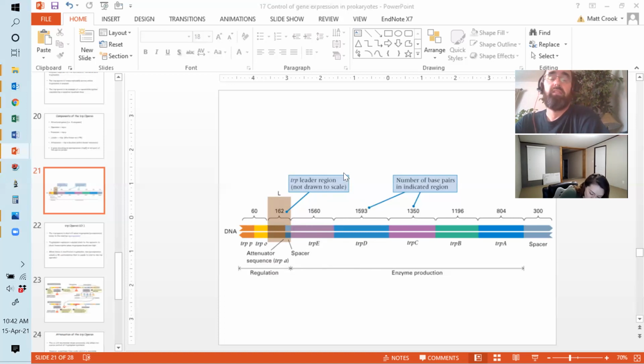If there is, that means the trp operon is doing its job, right? It's making tryptophan because there's enough tryptophan to get stuck onto tRNAs. If that happens, and you've got two trp codons as well, not just one, in that leader sequence, that allows the formation of a terminator loop, kicks the RNA polymerase off, no transcription of the structural genes.